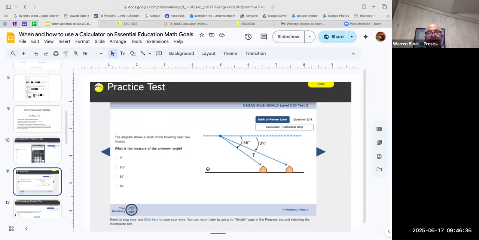You don't really need the calculator, but if you do need the calculator, if you don't have any arithmetic skills, what would you do to find out the angle in the question mark? So we have 36, we got 25, we're going to add them, subtract them, multiply them, divide them. Ask yourself that question, and the answer will be 11.